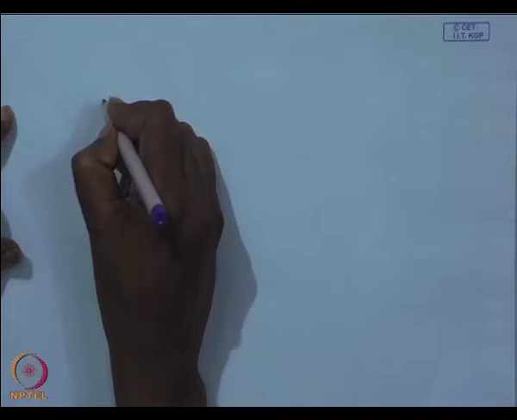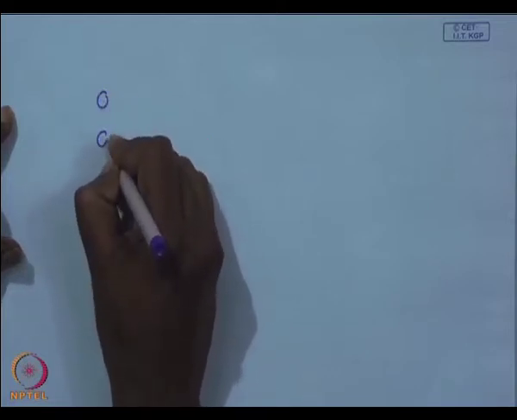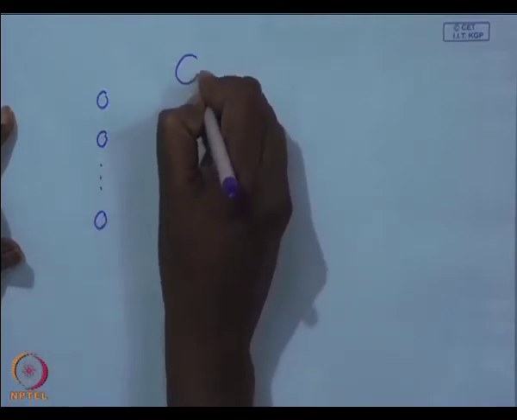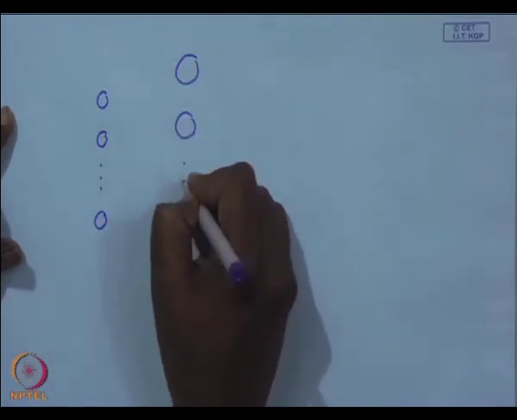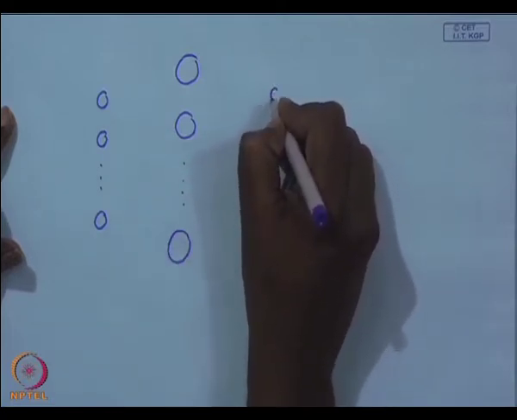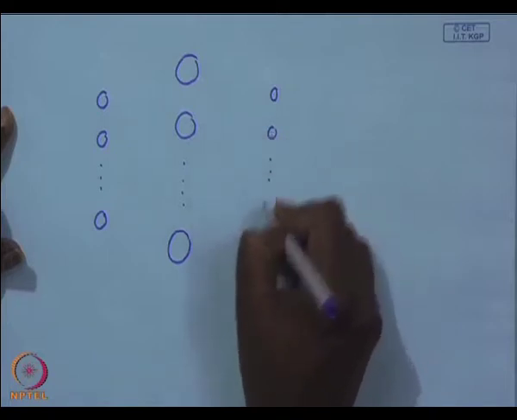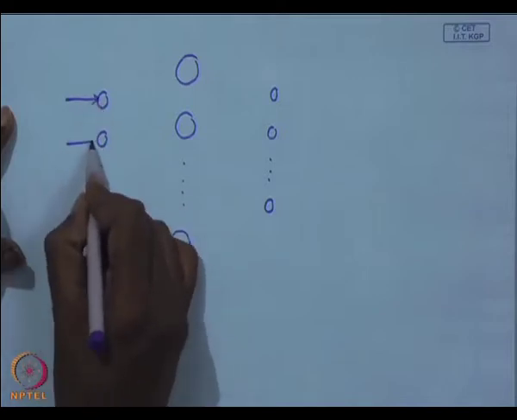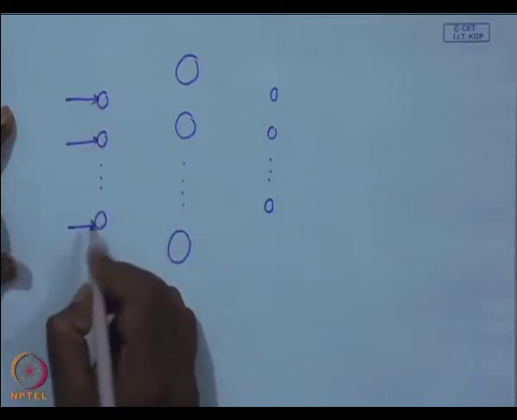So, in general, I have a network something like this. I have a set of input layer nodes, a set of hidden layer nodes, and a set of output layer nodes. The feature vector is fed to the input layer nodes.